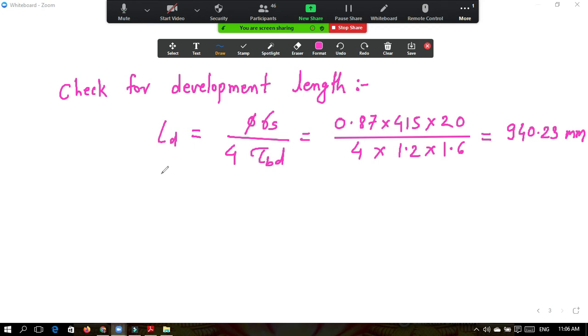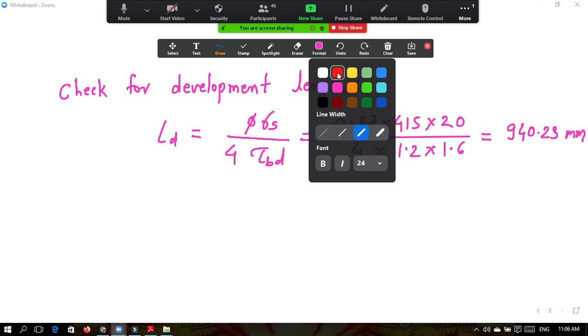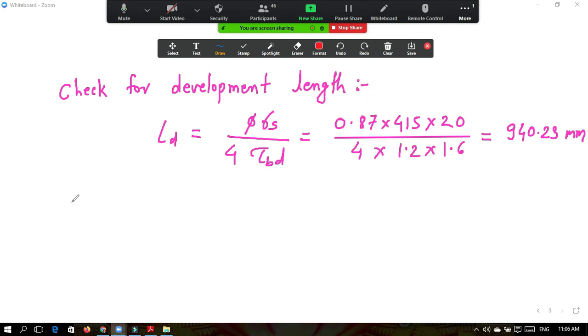Now to calculate the other side, that is 1.3 M1 upon V plus L0, we need to calculate. So first calculate the value of M1.